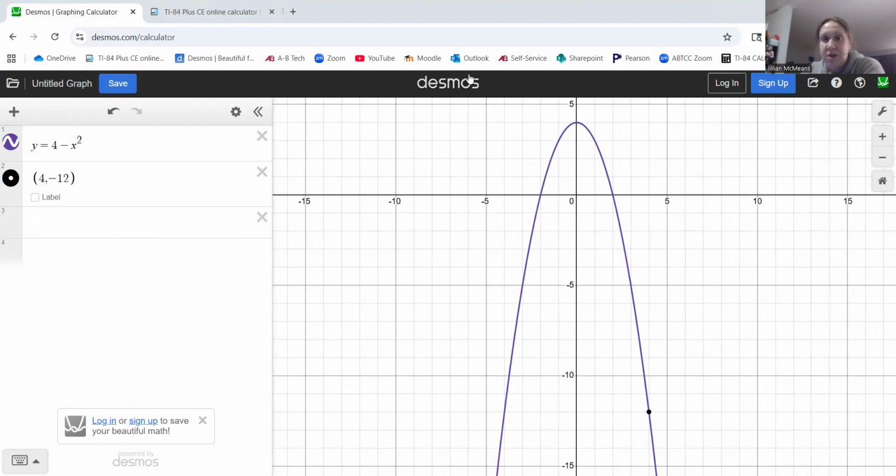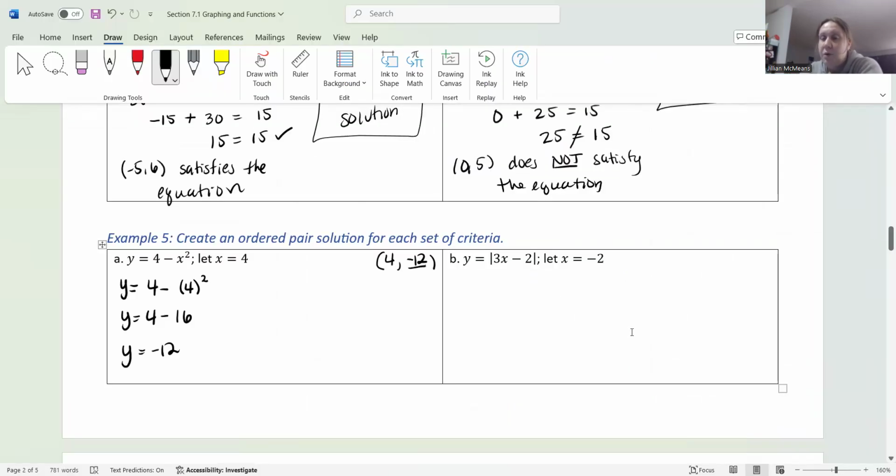So let's go back to the worksheet and do part B. Now, part B is a little bit weird. Some of you have forgotten all about what part B is asking. So in math, we have something called absolute value. Absolute value represents a number's distance from zero.